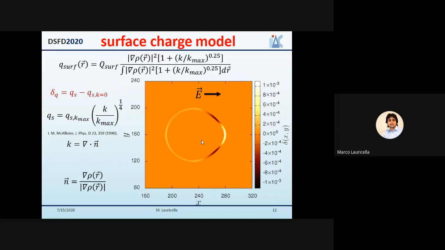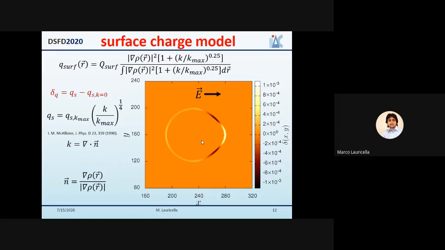However, in this description, there are effects that are neglected. One of the most important is the fact that the charge density usually increases as a function of the curvature radius, and this is something which is extremely common. We know that, for instance, the charge density increases on a needle tip.